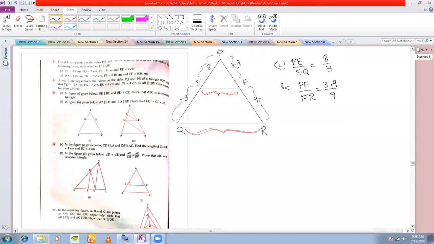Now you check whether these two ratios are equal. Are they equal? This is 39 by 90. So since PE by EQ is not equal to PF by FR, hence we say that EF is not parallel to QR.